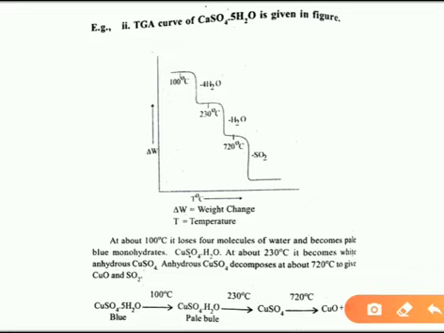So by using the change of weight with respect to change in temperature, we can characterize the nature of copper sulfate pentahydrate. Here it loses 4 water molecules at 100 degrees Celsius, 1 water molecule at 230 degrees Celsius, and sulfur dioxide at 720 degrees Celsius.